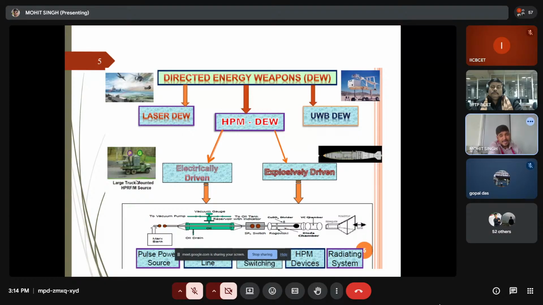So the two basic beauties of HPM weapons are that they do not require precise targeting, and they do not suffer atmospheric losses. They can easily travel through all the atmospheric layers. That's why we prefer HPM directed energy weapons nowadays.